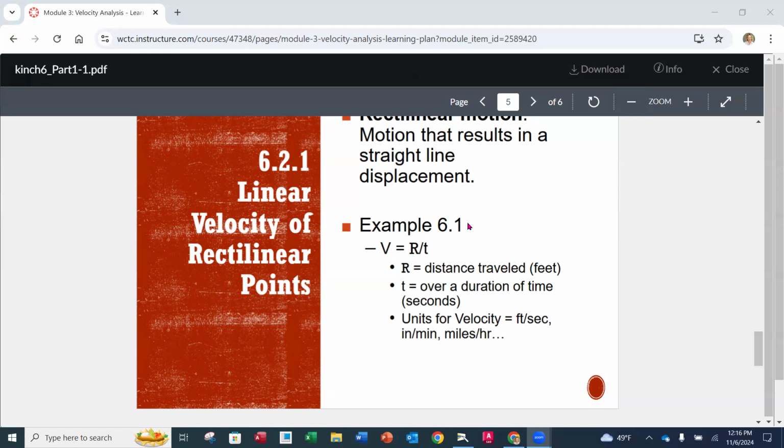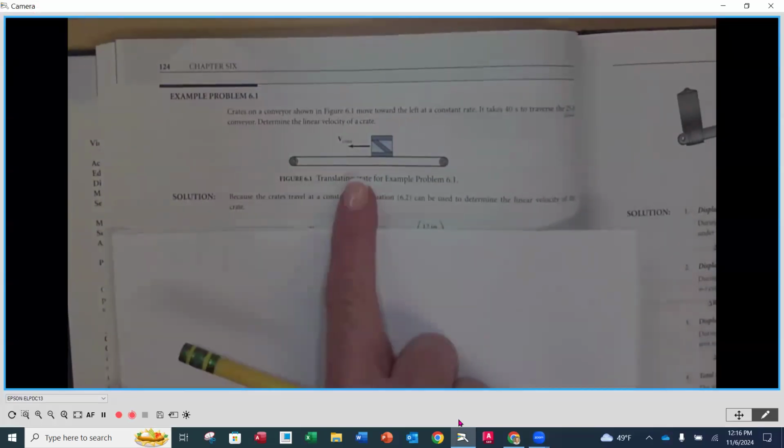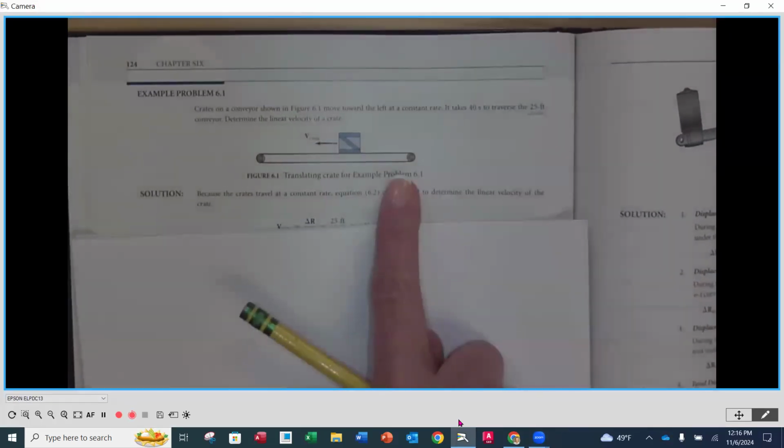I'm going to walk through this process with you, but you will be handing in this particular problem. So just grab an extra sheet of paper that you can then scan or add to the notes that you are going to be handing in for the practice problems. I'm going to go underneath our camera here. I already have my book open to page 124, and this is example 6.1.